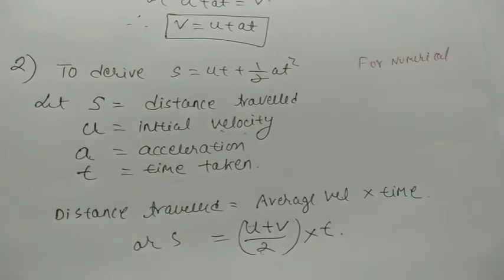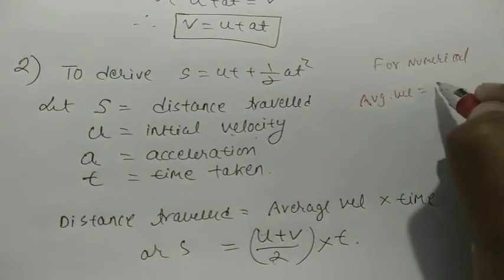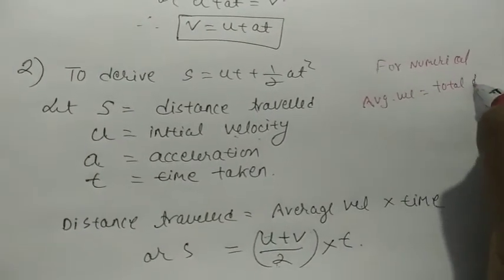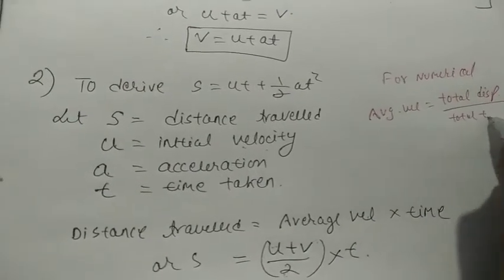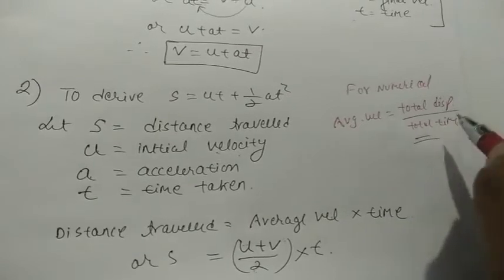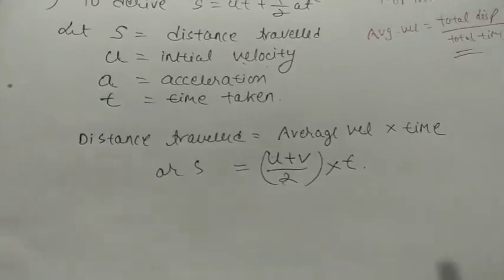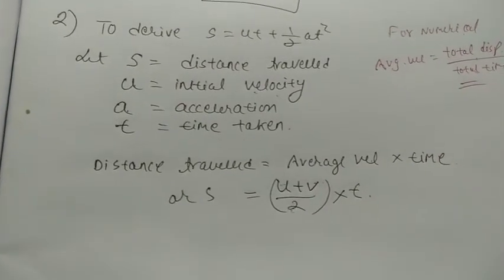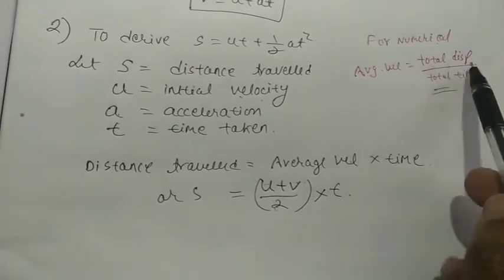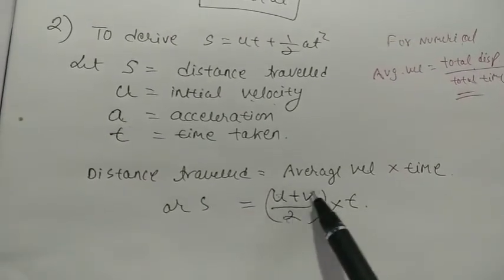If you have to solve a numerical, average velocity equals total displacement by total time. Remember this formula while doing numericals. But since we are deriving the formula here, the average velocity will be u plus v by 2.